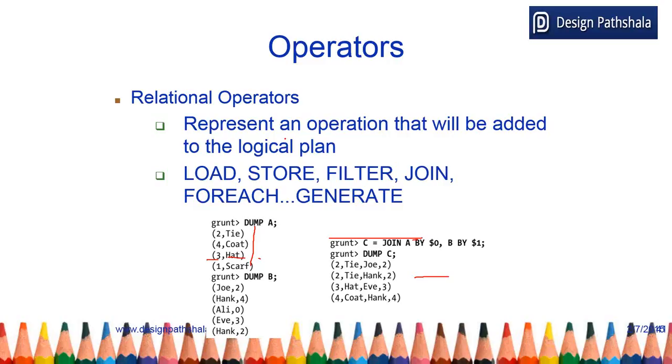So if there are two 2s in B, there are 2 records in the output. However, there was no matching for 1 and 0 in A and B respectively, and you can see there is no output of 1 and 0 in C. However, 3 was 1 in each of the records, so it's 1 record of 3 and respectively for 4. But there were 2 records of 2 in B, and that's the reason in the output there are 2 records with the key 2.